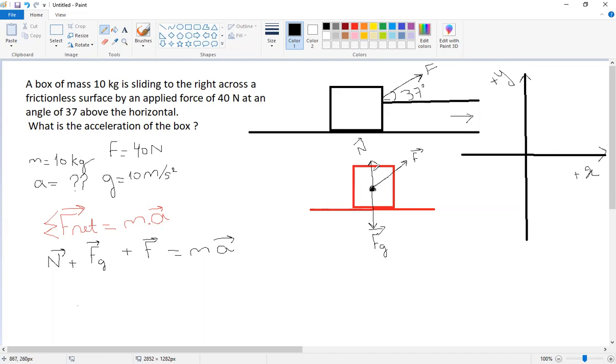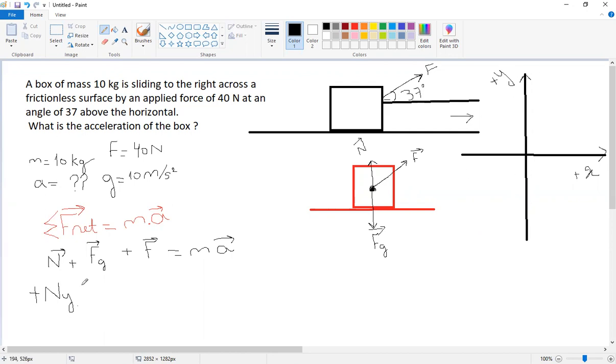So N is along the y direction. What is the direction for N? It's positive, right? So we put positive N, and here we remove the vectors because we are putting the direction now of the vector. Positive N, y. Y represents the direction or the line of action of the force, which is along the vertical.